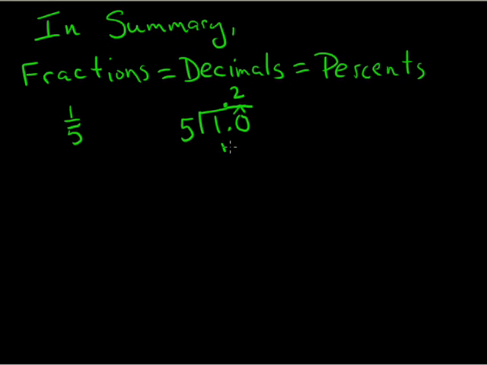So the decimal form is 0.2. To turn that decimal into a percent, we move the decimal 2 places to the right. So 0.2, moving the decimal 2 places to the right, fill in this empty space with a 0. 0.2 equals 20%.